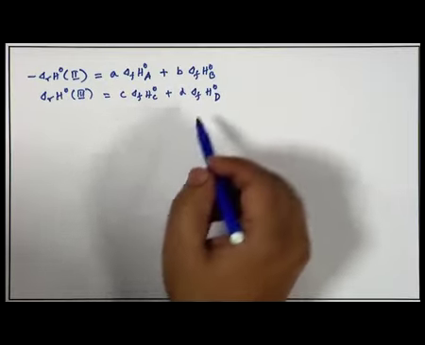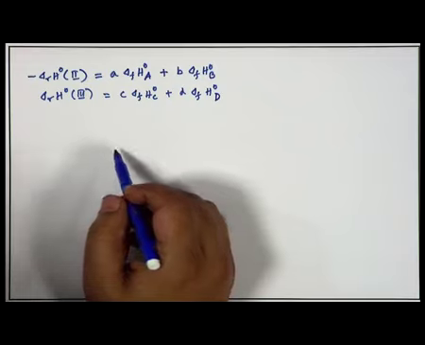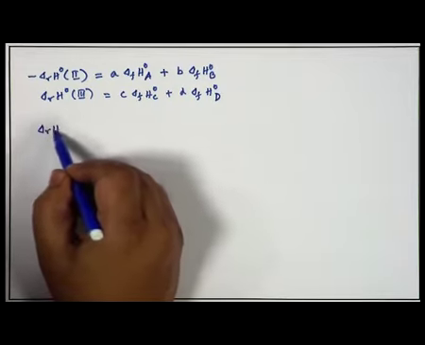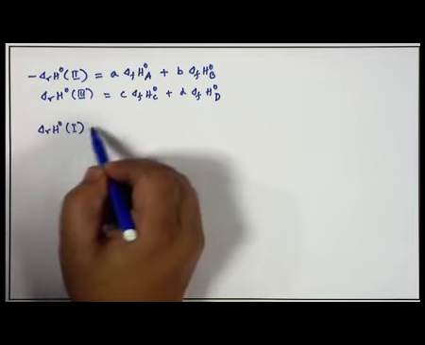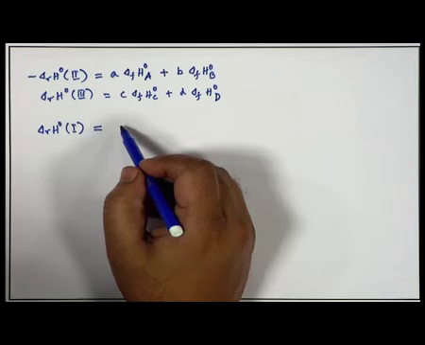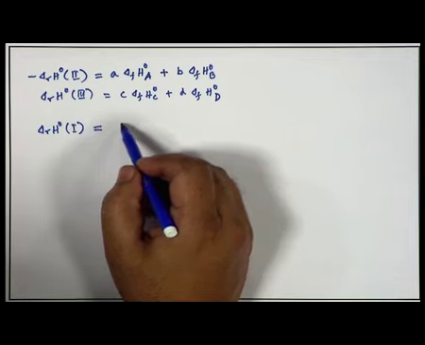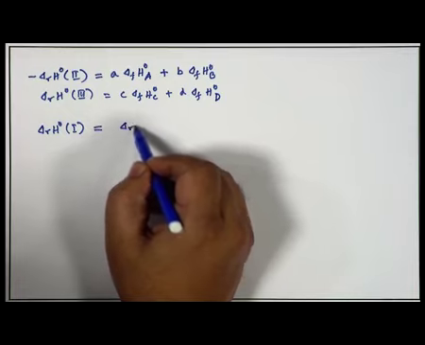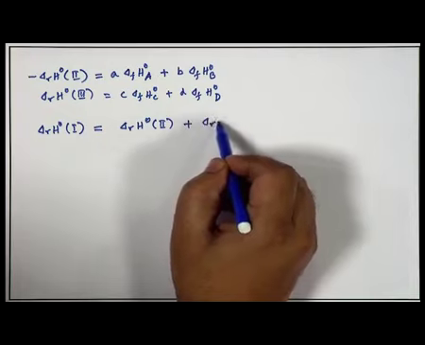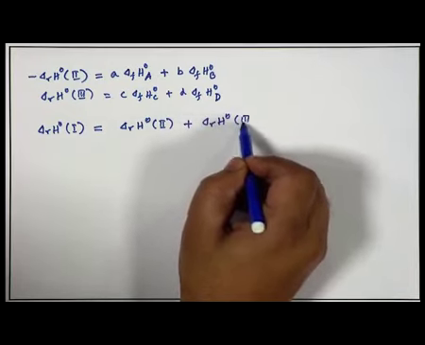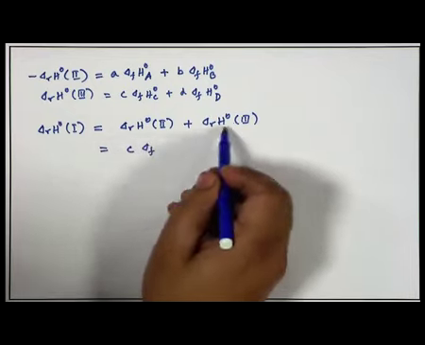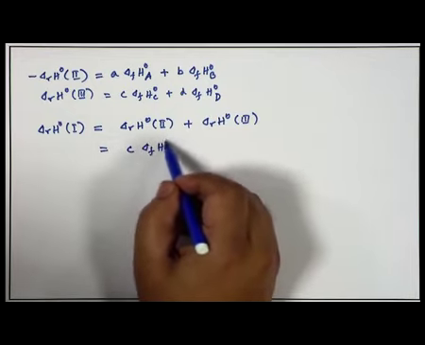So, now onwards I probably will not write the temperature going forward, which means I can write del H 0 for reaction 1 as del R H 0 2 plus del R H 0 3, which is C del F. I am writing this first because it is positive sign.